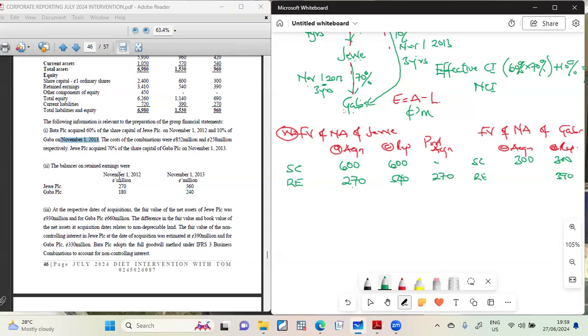So if you want to know the retained earnings at GABA as at the time it was bought, you don't pick this, because this is not the date it was bought. You come and pick the date it was bought, which is 240. All right, that is that. 240. So that is what you go through to do.